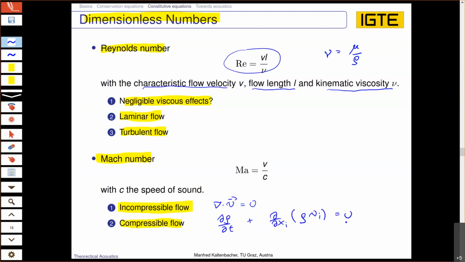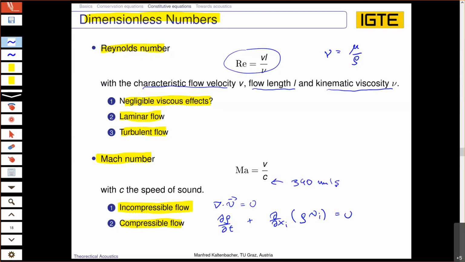Okay. And that is important. Actually, in order to have wave propagation, we need a compressible flow. But if the Mach number is small, to give you some numbers, the speed of sound is about 340 meters per second. So it is quite high.